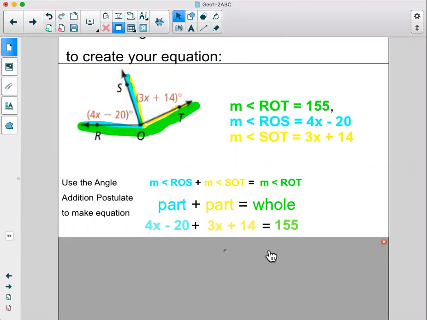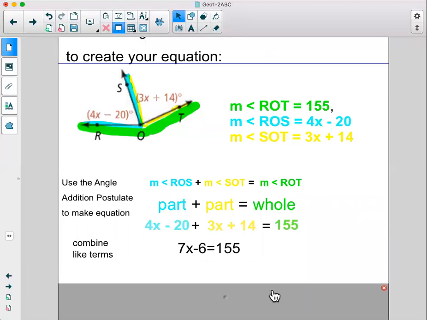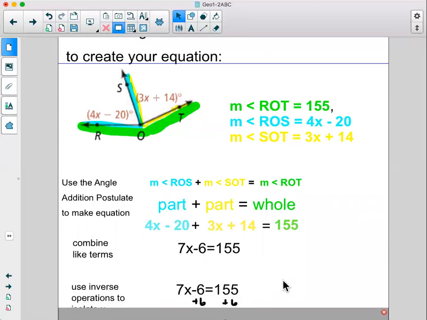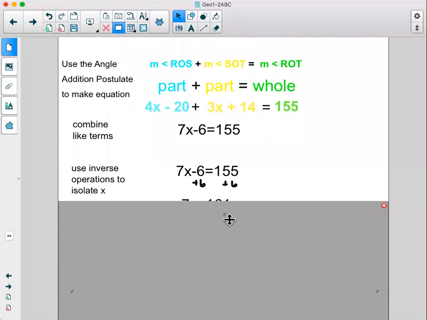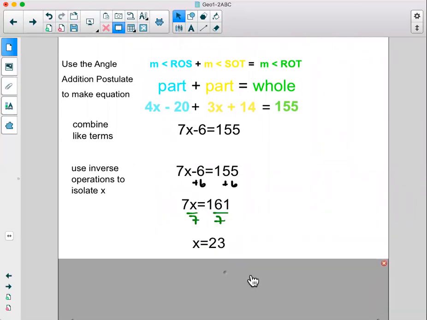To solve this equation, the first thing I would do would be combine like terms, and then I would use inverse operations to isolate x. The first inverse operation would be to add 6 to both sides, and the next inverse operation would be to divide both sides by 7, and then you get x equals 23.